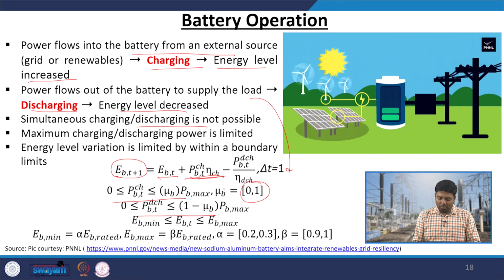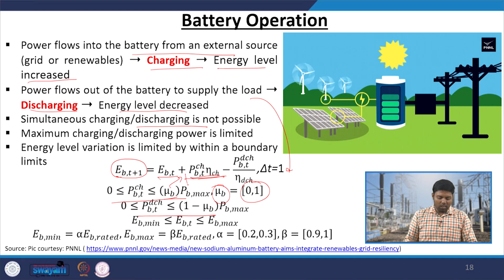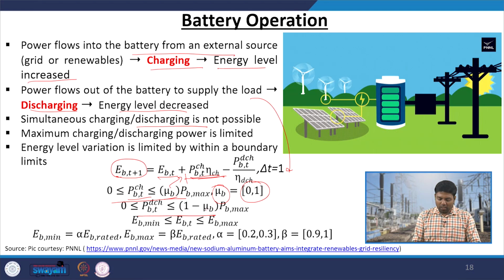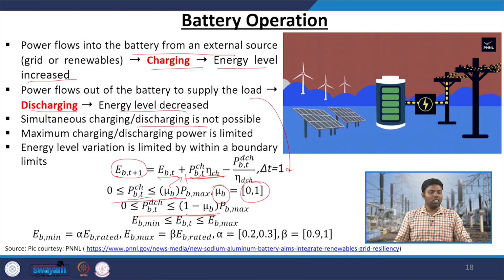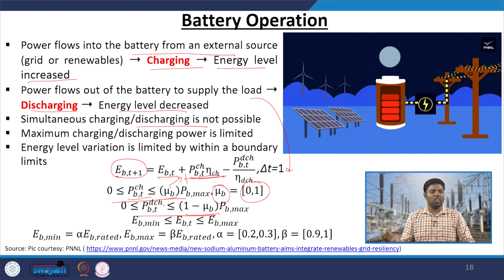So, let us say your mu b, this binary variable, is 1. If it is 1, then the charging limit term will become 1. So, you are activating your charging operation. But if it is 1, then your discharging operation will become 0, because P B discharge is less than or equal to 0 and greater than or equal to 0. That means it can take only one value, that is 0.